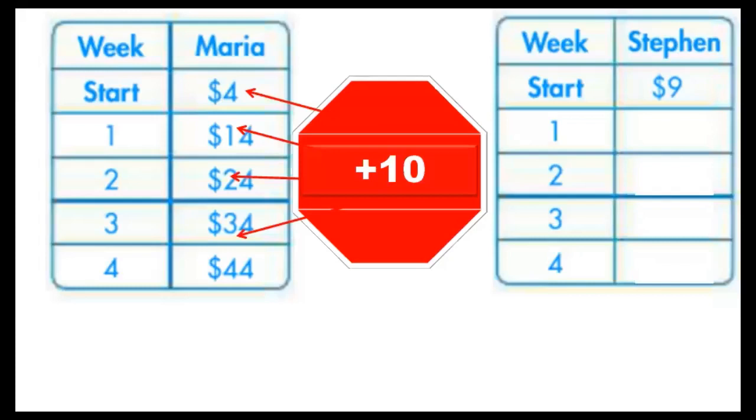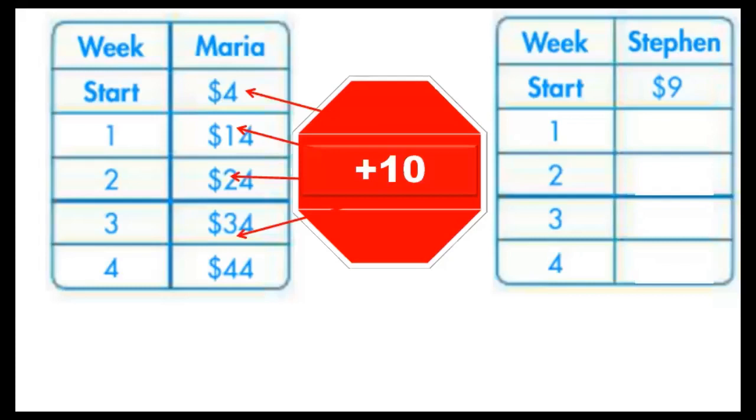That means she is going to add 10 each time. From the table, if I subtract two consecutive savings, for example, in the first week and in the second week, it will equal 10. So the difference between two consecutive savings in two consecutive weeks also informed me that I'm going to use the pattern plus 10.